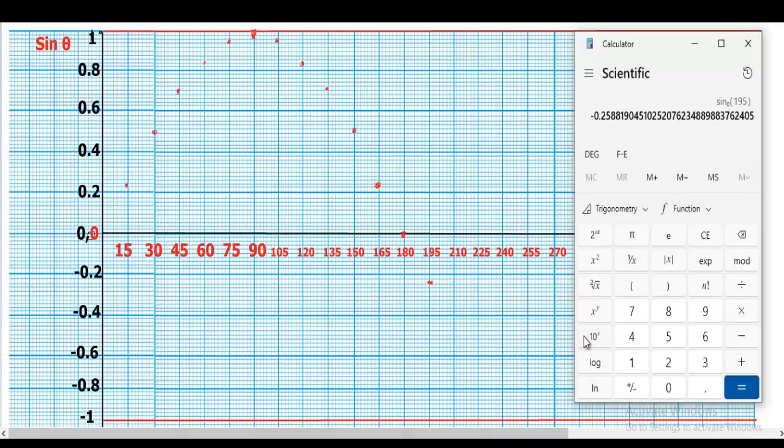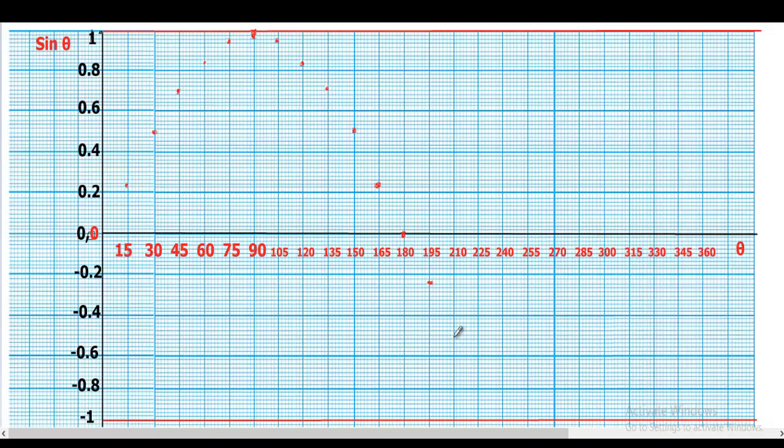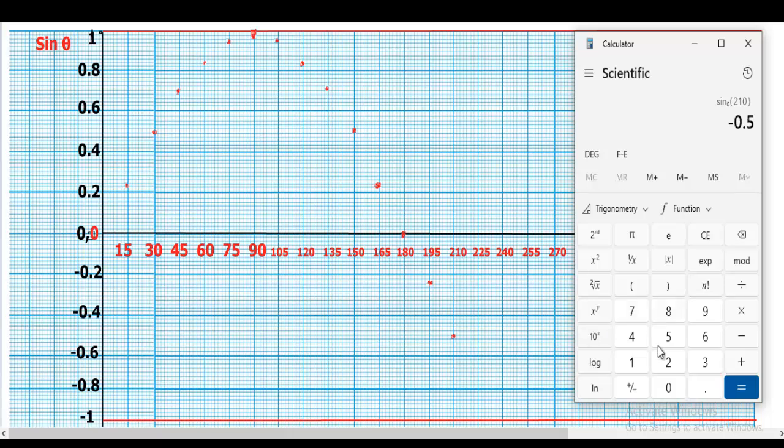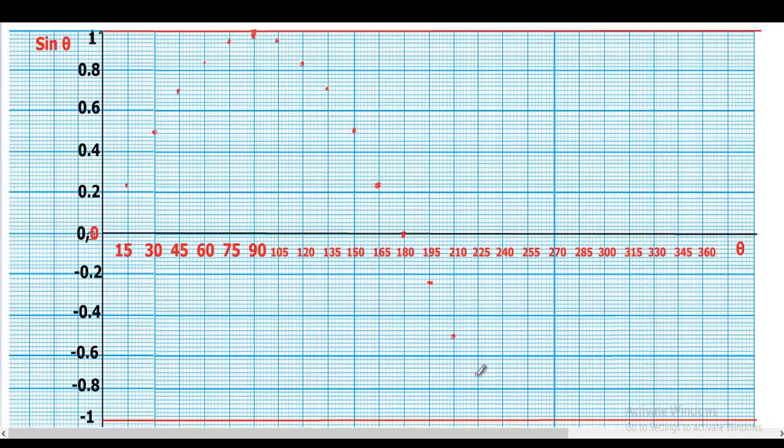Then sine 210 would be negative half approximately here at this point. Then sine 225 will be negative 0.707, approximately negative 0.7, it would be here.